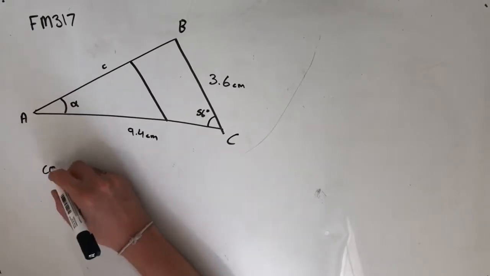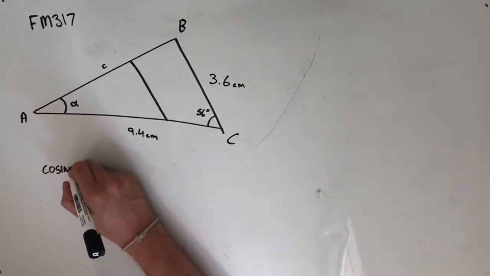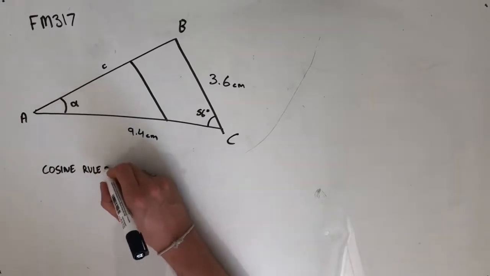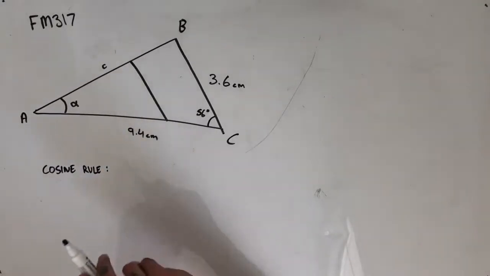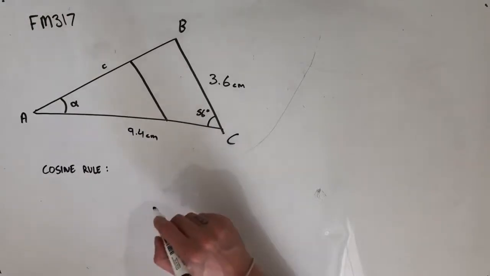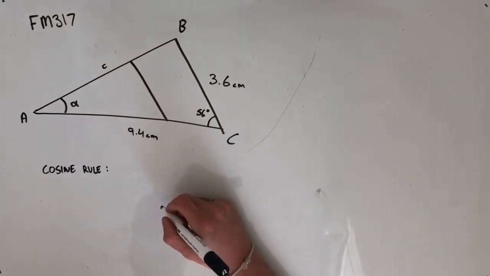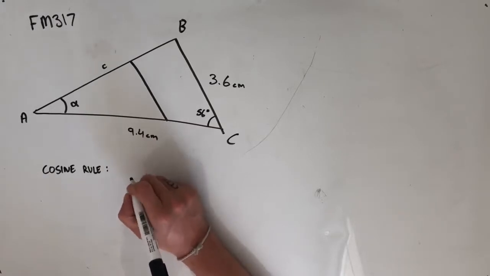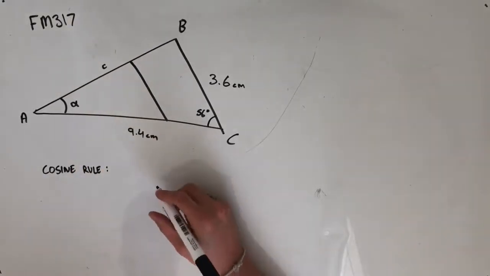So, using a slightly rearranged cosine rule, because our cosine rules are made so that our unknown side is A, we're going to do a little bit of rearranging, and we're also going to make it a formula where C is the subject as opposed to C squared being the subject of the formula.